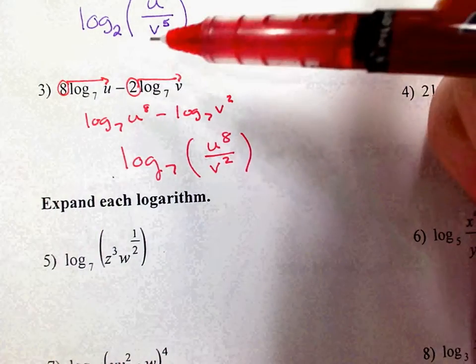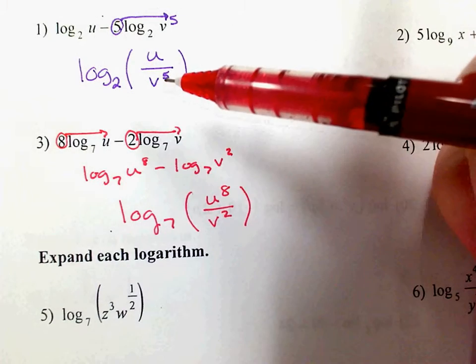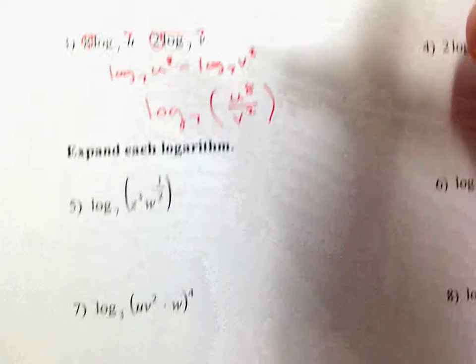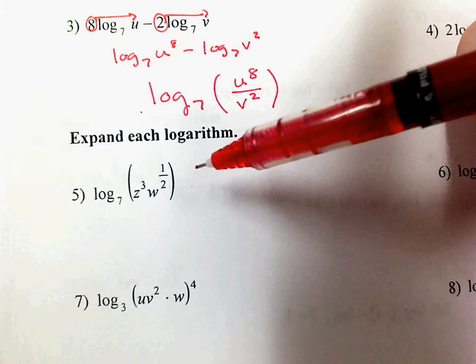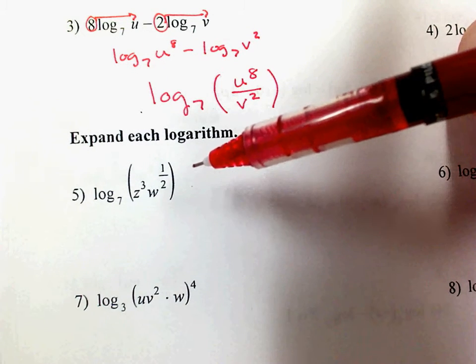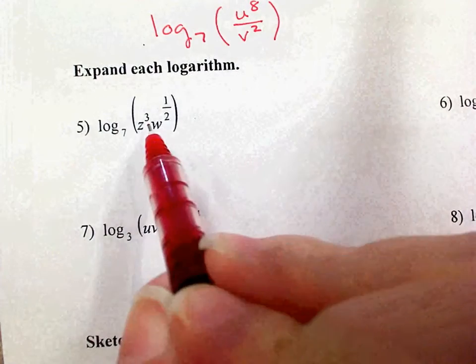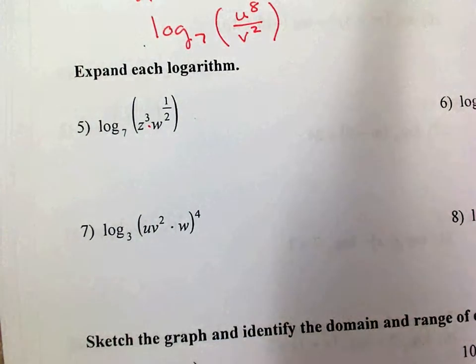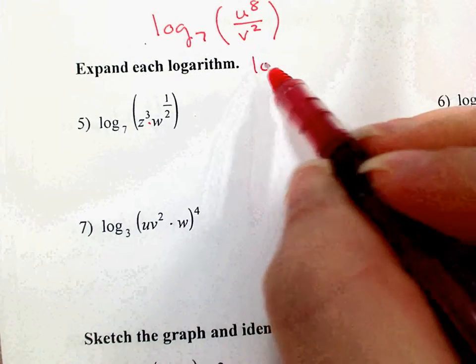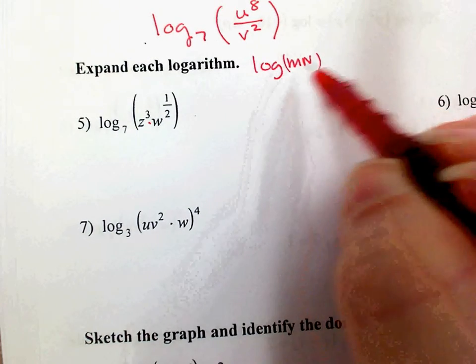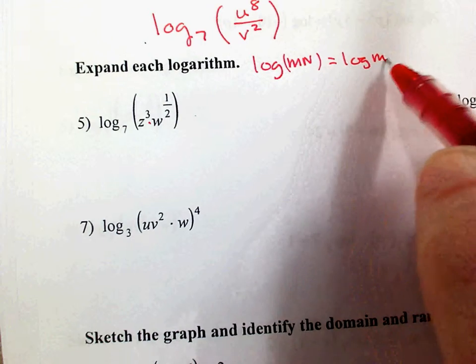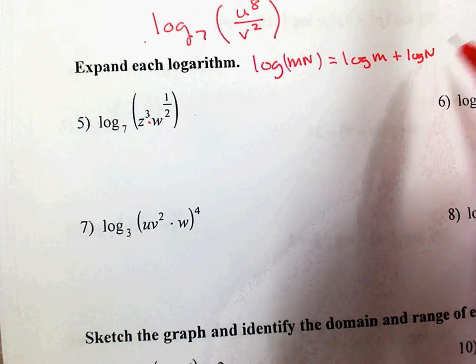Okay, so this right here is combining. This right here is what? So doing the exact opposite of what we just did. Okay? So now these are combined using multiplication. How do I separate them? Because I know that log of m times n is the same thing as log of m plus log of n.